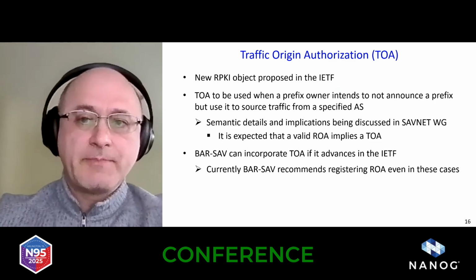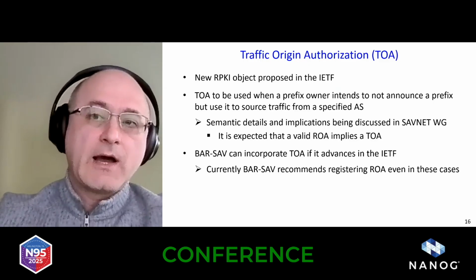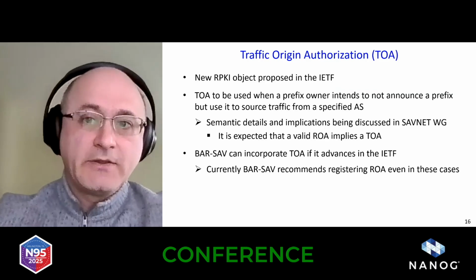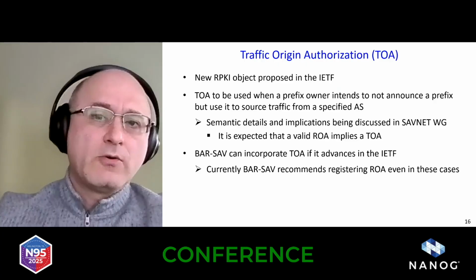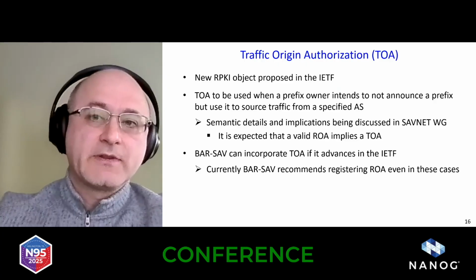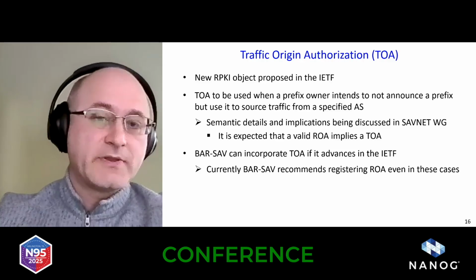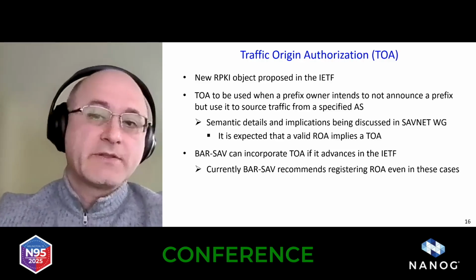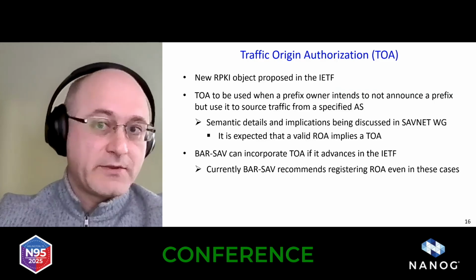It is expected that, of course, if you have a ROA, which allows the announcement, it implies that you're also allowed to originate from it. So I don't expect that there would be many prefixes registered with TOA, but there could be some. The DSR case, for example, could use TOA once it's available.